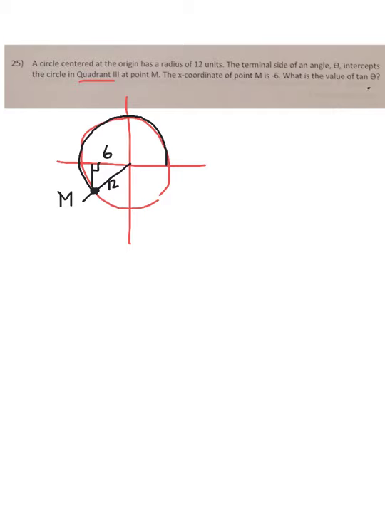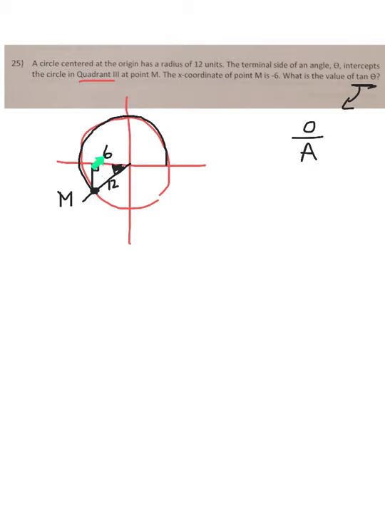So then they want us to find tangent. And I know that tangent is the opposite over the adjacent. So here's my reference angle right here in this corner. From this reference angle, my opposite side is this side right here that I don't know.